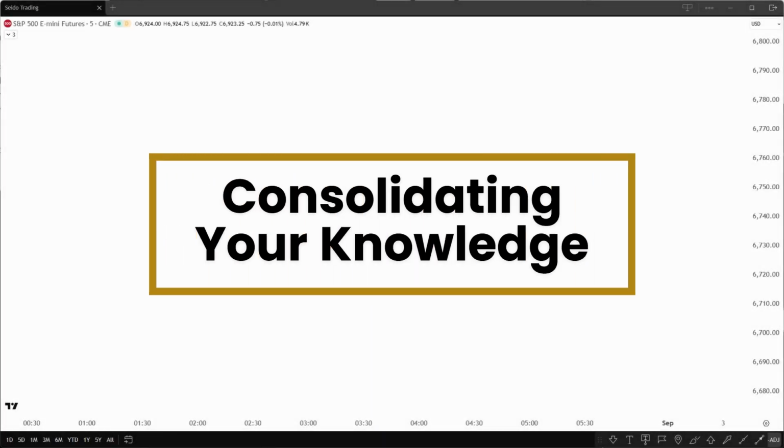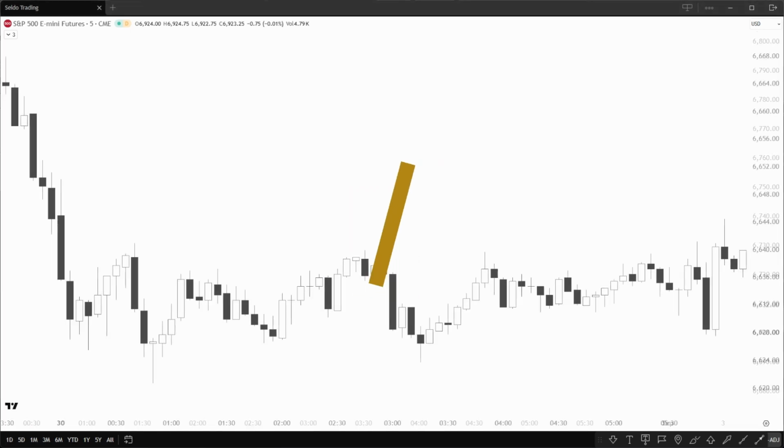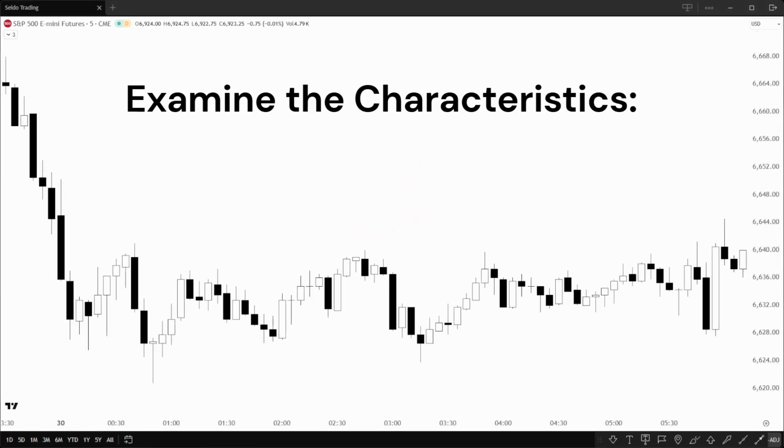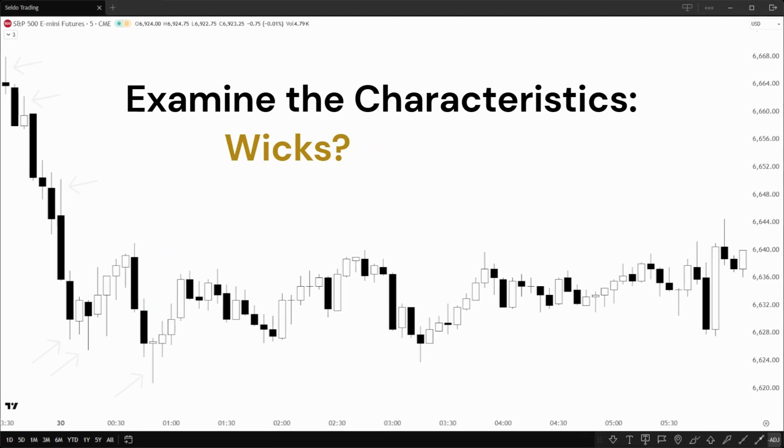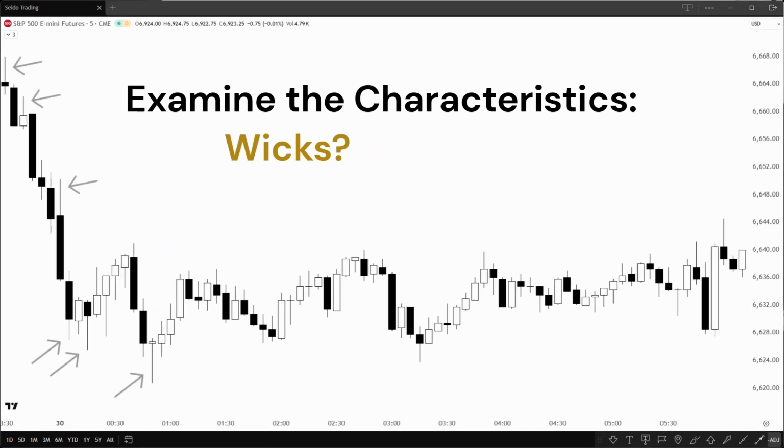This is another day on the E-mini S&P futures. I want you to pause the video for a moment and examine the chart. What are the characteristics you see? Are there strong bars and momentum? Were there wicks on the bars? Where were they? Are they showing a directional bias? Are there any gaps present?